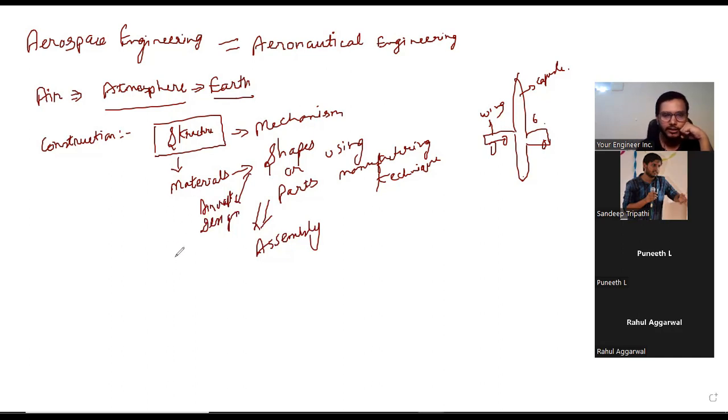In assembly, what's important? The important things are whether it's a pin joint, a knuckle joint, or a permanent joint, like welding. There are various kinds of joints. What kind of joint will you use?